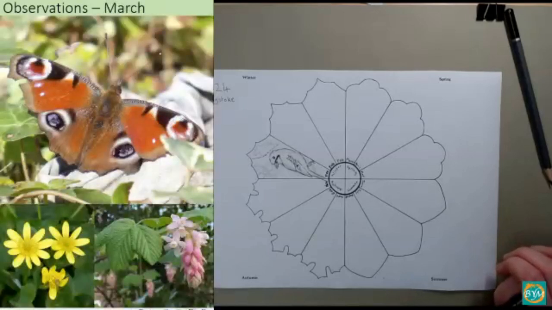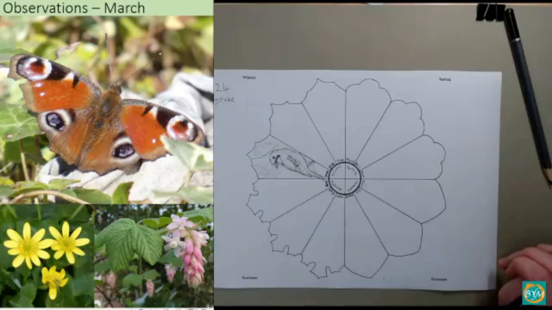Okay. March. This is my observation. So I've chosen a peacock butterfly. I've got lesser celandine, and I found this raspberry plant growing in the middle of nowhere. I was like, how has that, where has it come from? What's going on?